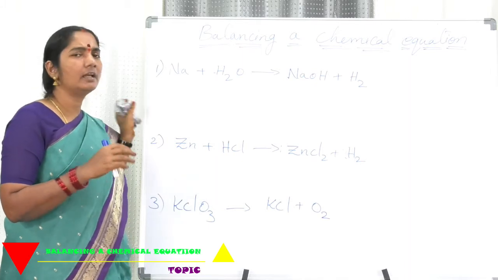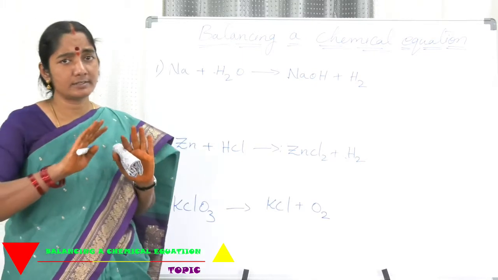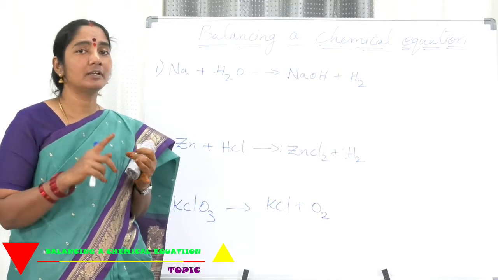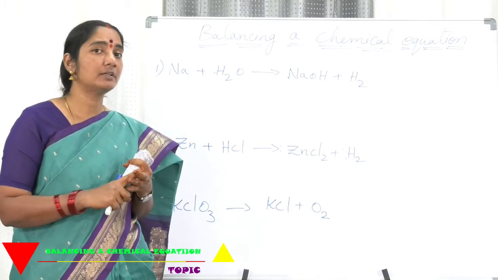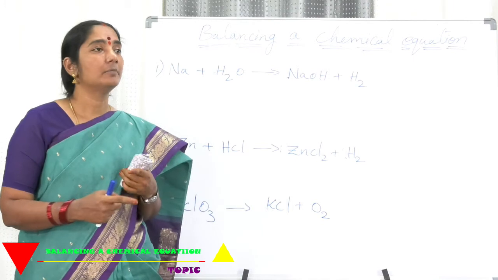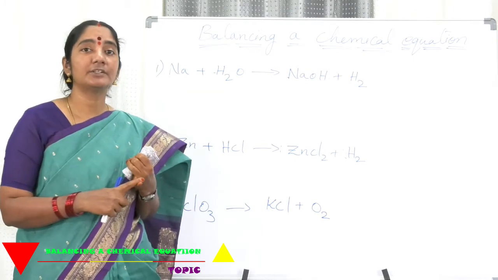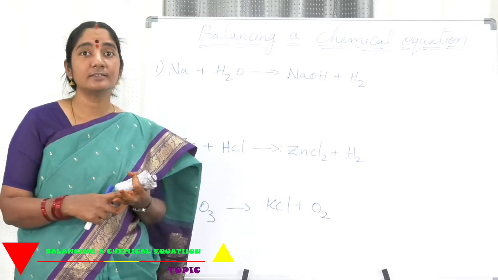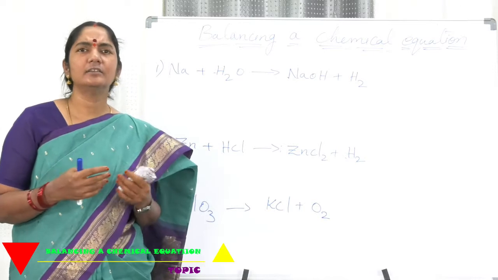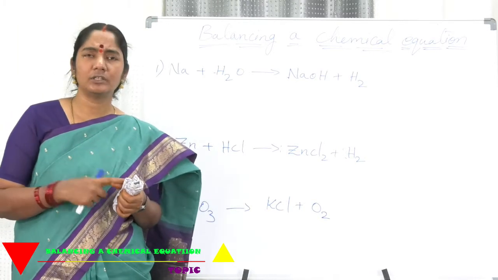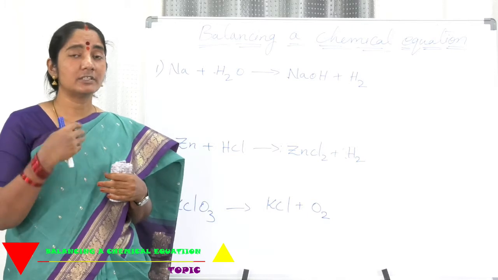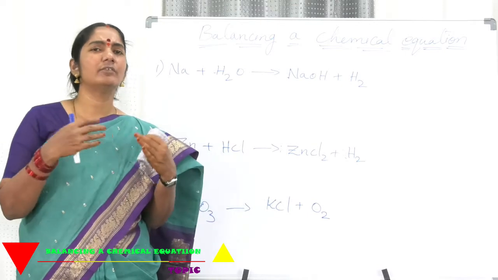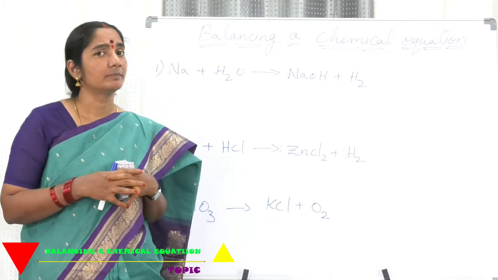There are different varieties of chemical equations, and we are going to discuss that in detail: chemical combination, decomposition, displacement, double displacement, combustion reactions, neutralization reactions, and photosynthesis. And like that, we have exothermic reactions, endothermic reactions, reversible reactions, and irreversible reactions. In that way, different varieties of chemical equations come into the picture.